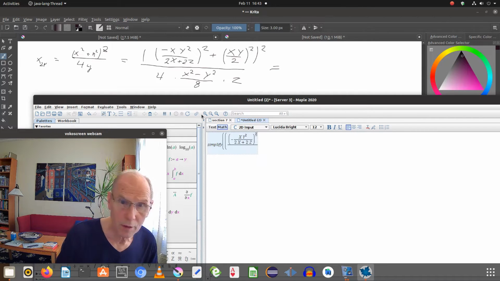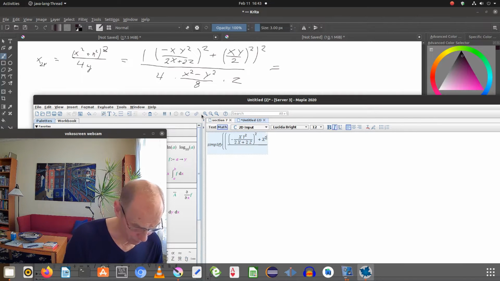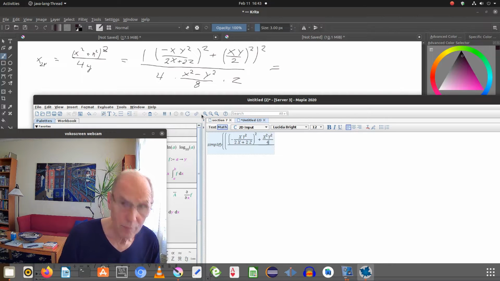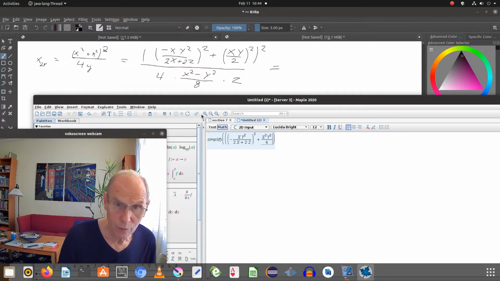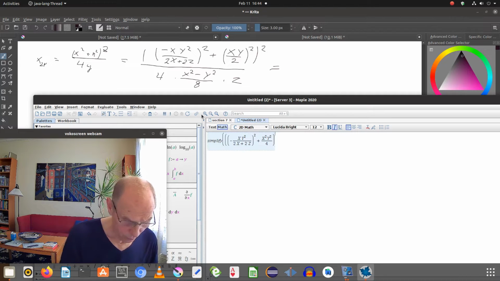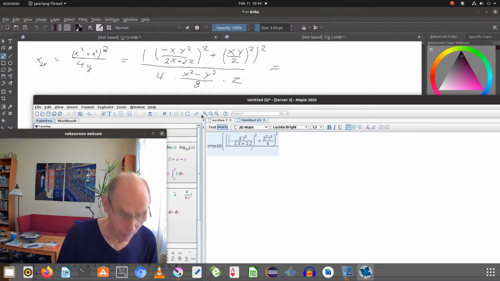Squared plus, I think I can do that. Squared divided by 4. Let's say 1/2.